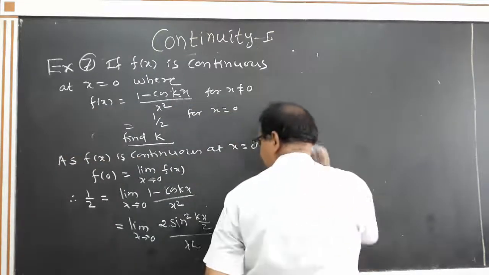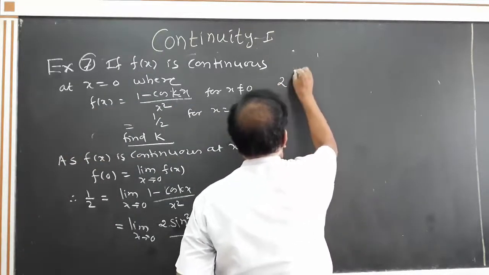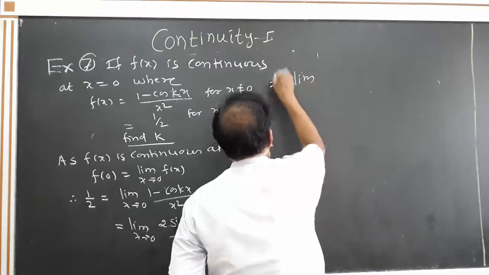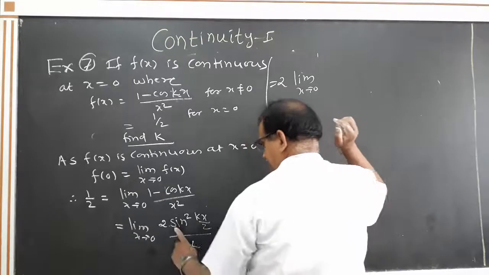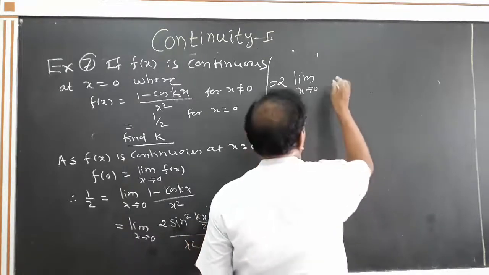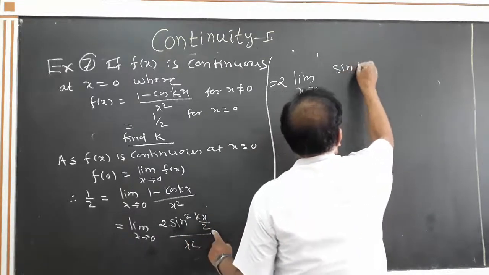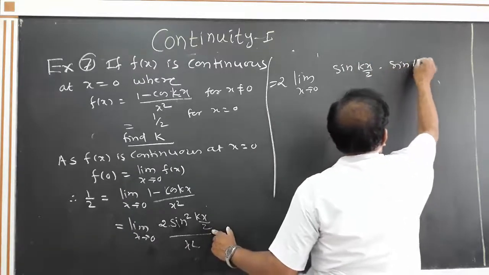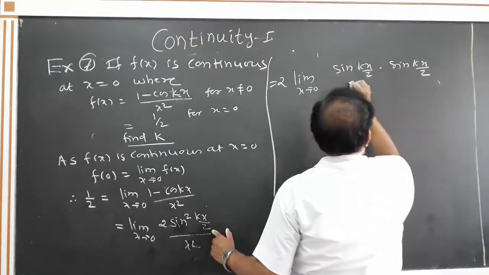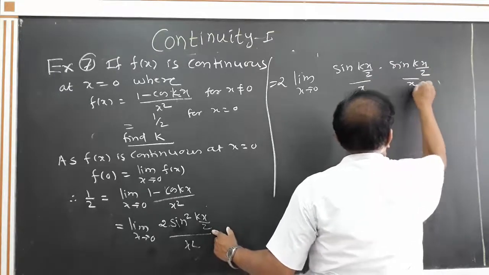Now 2 can be taken outside, limit x tends to 0 of sin square kx by 2 can be written as sine kx by 2 into sine kx by 2 divided by x.